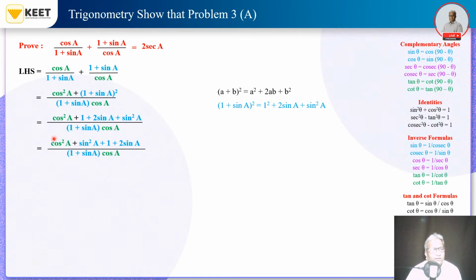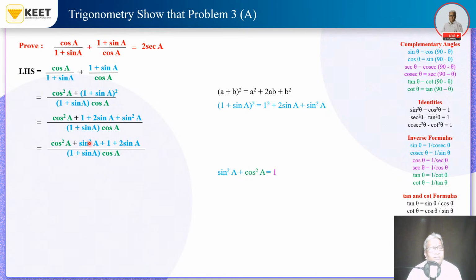Now here, cos square A plus sin square A, this is an identity, and its value, if you see in the formula list, is 1. So we can replace it by 1. In the working, we will write the formula that which identity is being used. So it is here sin square A plus cos square A is equal to 1, which is taken in pink color.